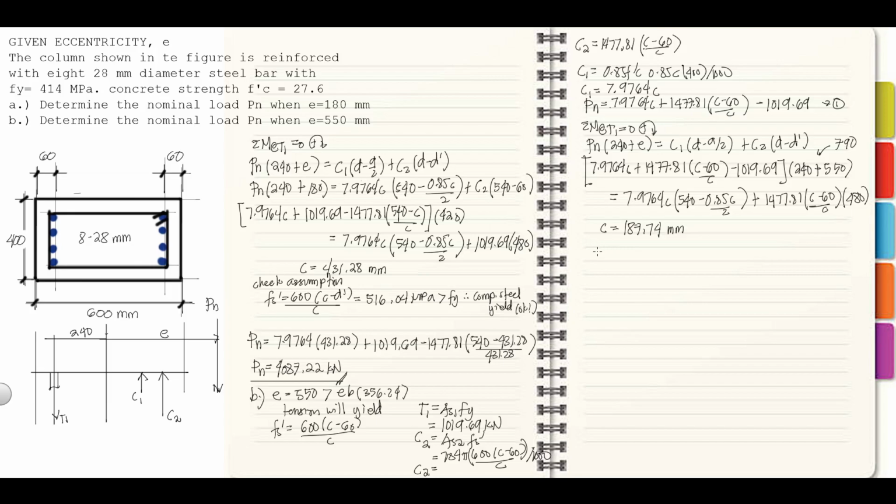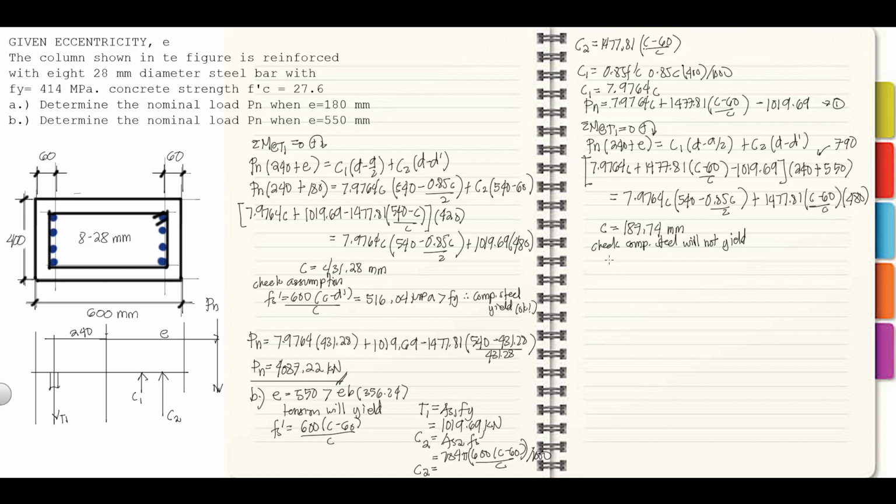So after solving for C, we need to check first pala if our assumption is correct. Compression steel will not yield. Kasi ito yung assumption natin eh. Hindi mag-yield eh. Okay?